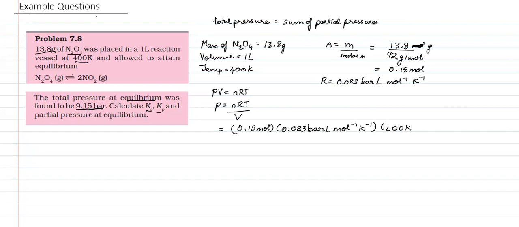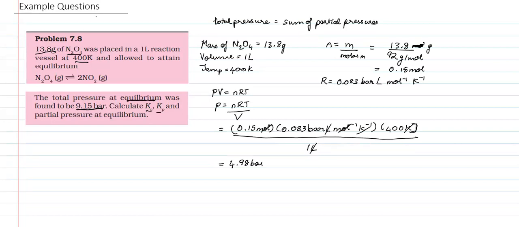The best part is they've given the temperature in Kelvin, so we don't have to convert it from Celsius. Then divided by 1 liter. The liter gets cancelled. Looking at the units, moles and Kelvin cancel, and we're left with bar, which is what we want, the pressure. On simplification this gives us 4.98 bar. So this is the initial pressure.